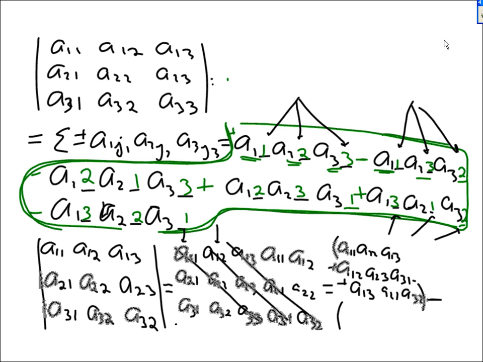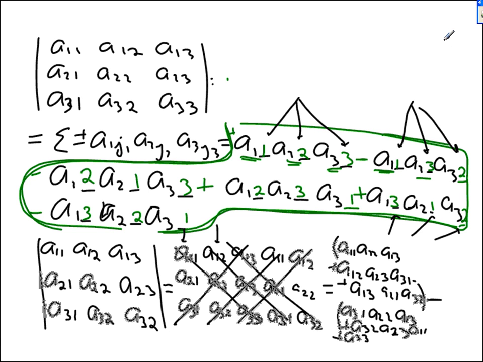The next term goes this way: A31, A22, A13, plus this product, A32, A23, A11, plus that product, A33, A21, A12.